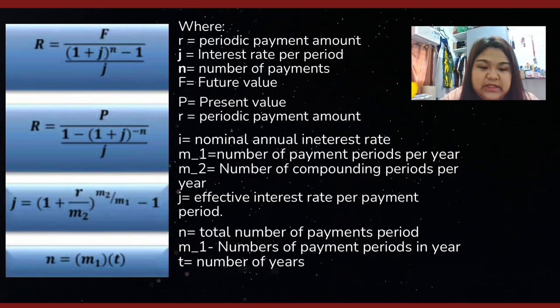Here, R represents the periodic payment amount, j represents the interest rate per period, n the number of payments, F represents the future value, P represents the present value, and r is the nominal annual interest rate. m sub 1 is the number of payment periods per year, and m sub 2 is the number of compounding periods per year. j is equal to the effective interest rate per payment period, n is the total number of payment periods, and t is the number of years.